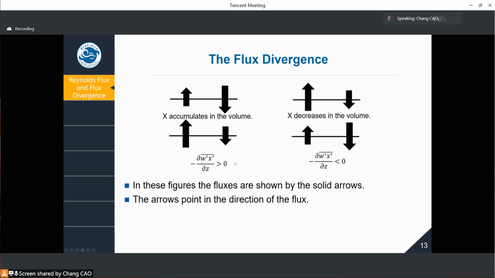So that is the direction. And thirdly, the length of the arrows is proportional to the magnitude of the flux. So compared with these two arrows, can you tell me which arrow means there is much more flux, this one or this one, according to the length of the arrows?